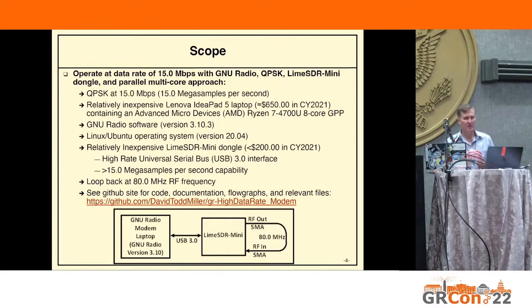I did some test loops at 80 megahertz, and you can see the test configuration for those loop tests at the bottom of this chart. And again, here's the GitHub site, design documents on there, flow graphs, relevant files like prepared test files, and of course the out of tree code.